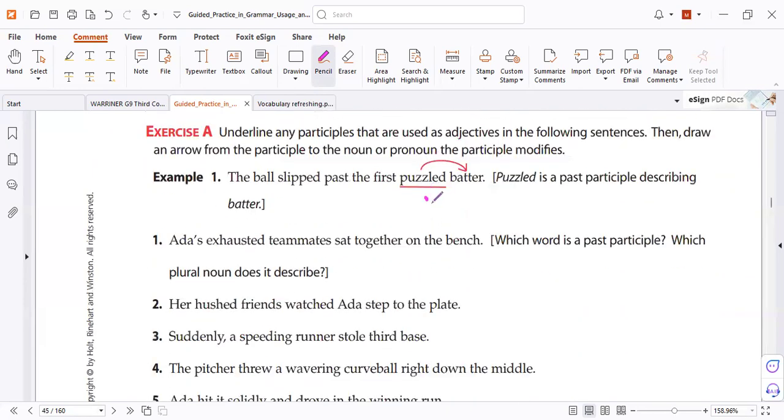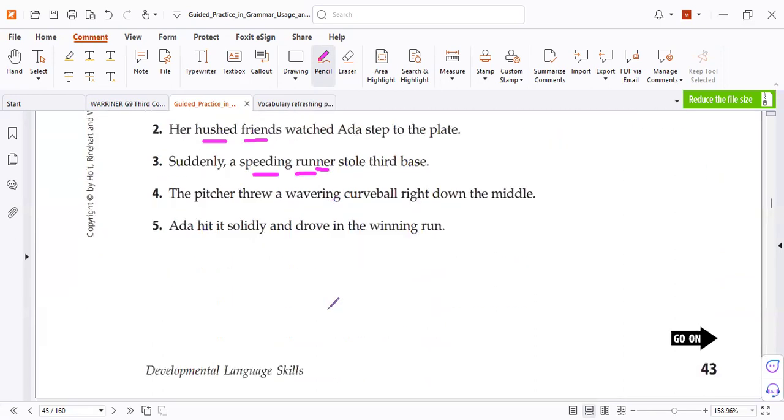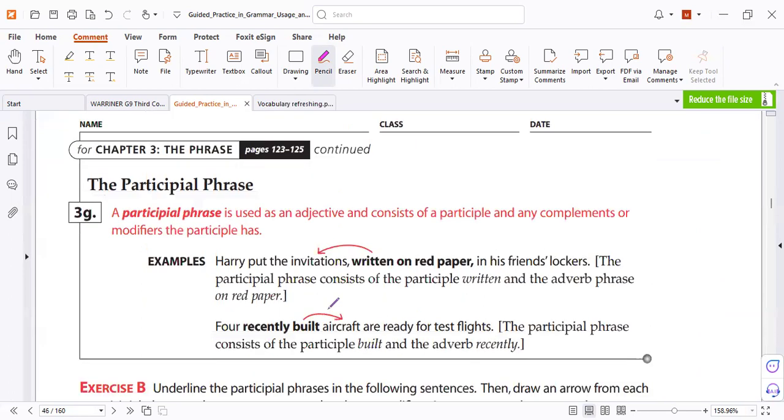Now, adjective to the noun, adjective to the noun, adjective to the noun. So I expect it to be followed by a noun, not a verb. Do you understand? Yes.